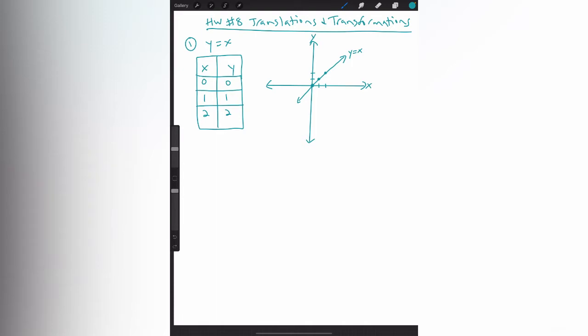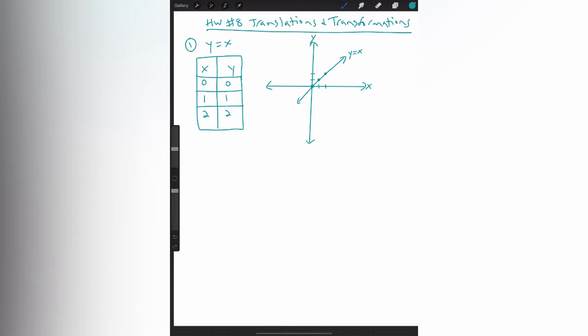Your graph should not have a line way over here. It should look like this. So if I know y equals x looks like this, I can then move the points to different locations and look at a new graph of the line and see what I did in order to make it look like that.